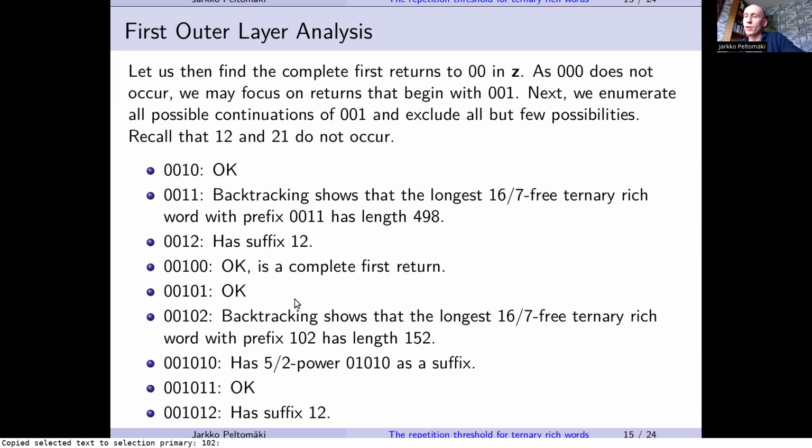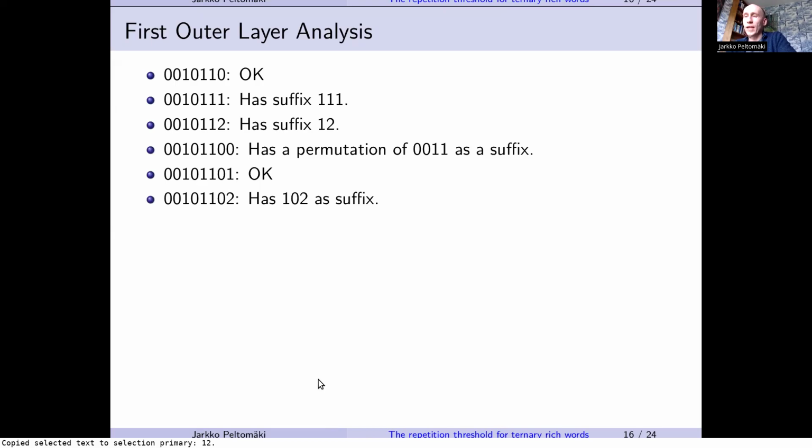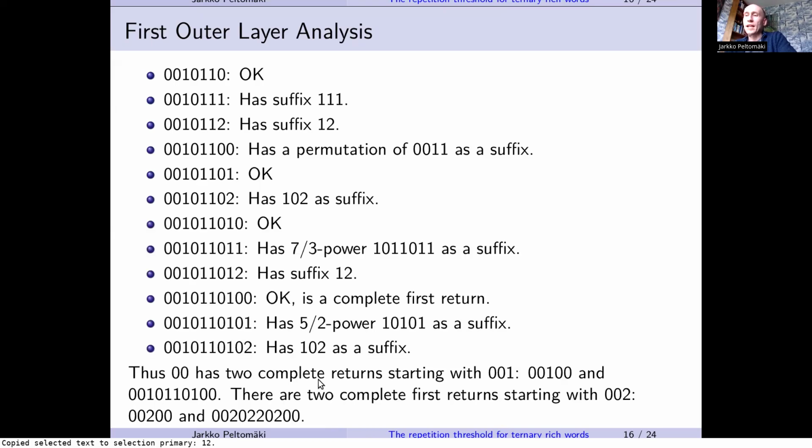I wrote all of this here, but as you can see, the reasons why we exclude something are pretty simple. This word has a 2.5 power as a suffix. That's a no-go. There is that forbidden factor again. You keep going, and eventually you find this word, which is a complete first return to 0, 0.